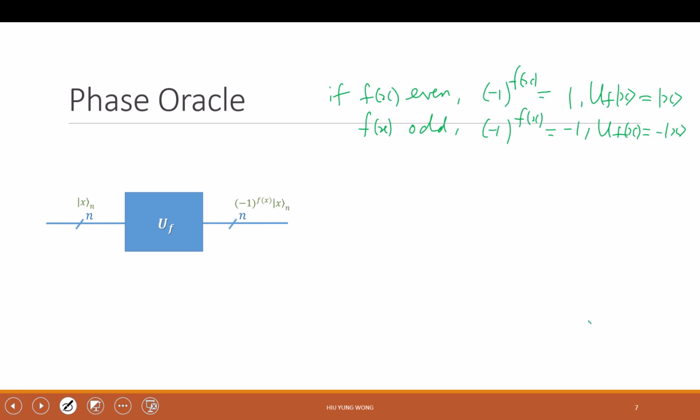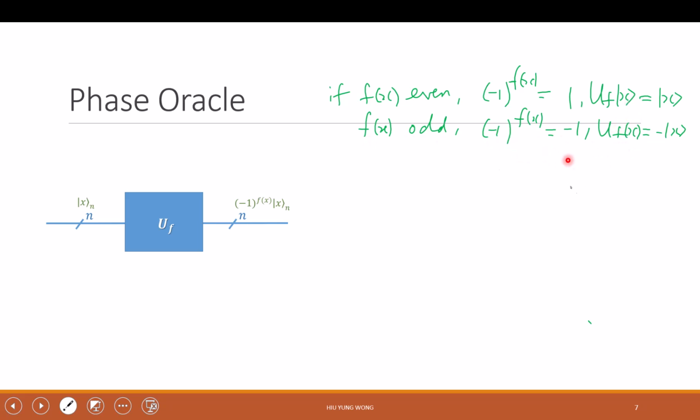So do you see that this quantum oracle is very simple? Basically, you give me a basis state, and depending on the basis number, it will be yourself or just the negative of yourself. And when I say negative, I mean the phase is -1 in front of it. Is this clear?